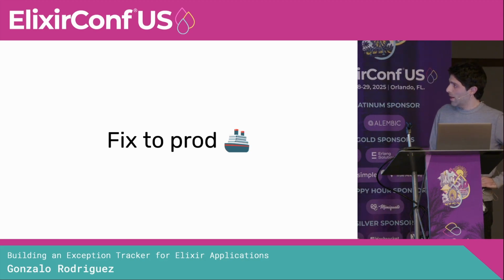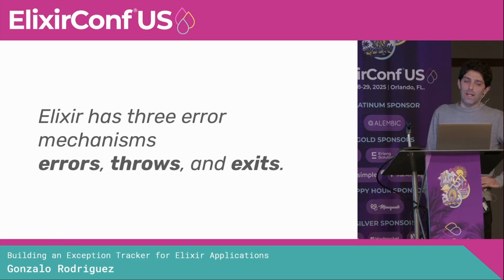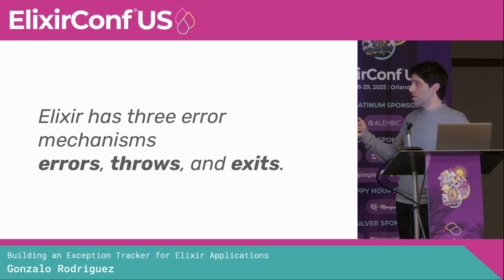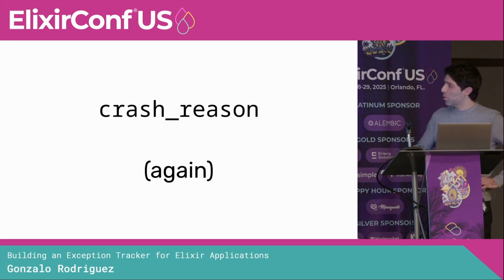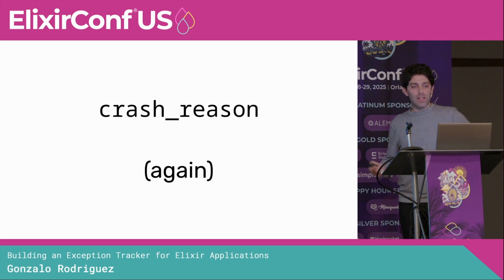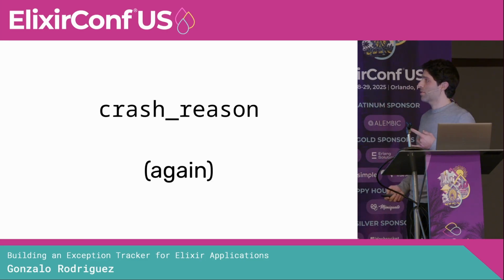Are we done? Are we tracking every exception? Elixir has three error mechanisms. This is from the Elixir documentation: errors, throws, and exits. So we were not. Back to the crash reason. In reality, the crash reason can be a two-element tuple in which the first element can have different shapes.